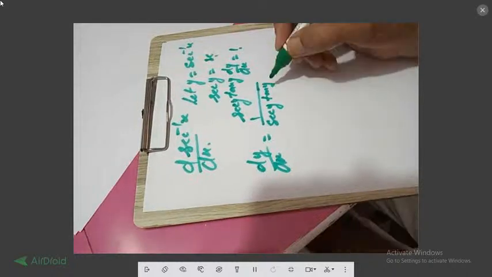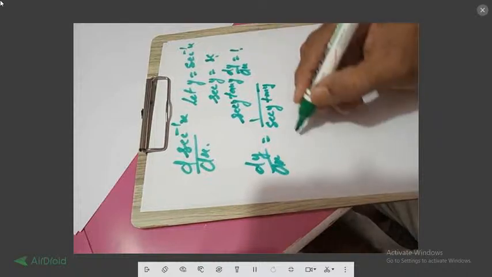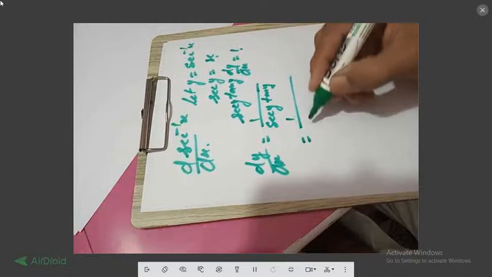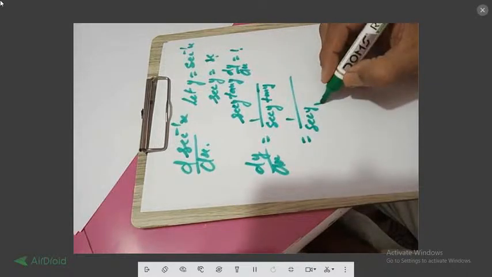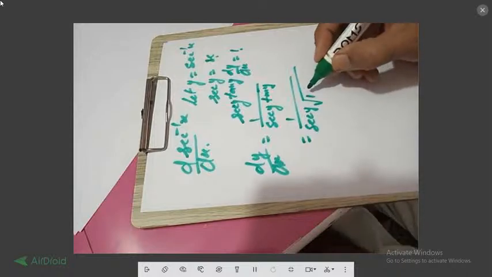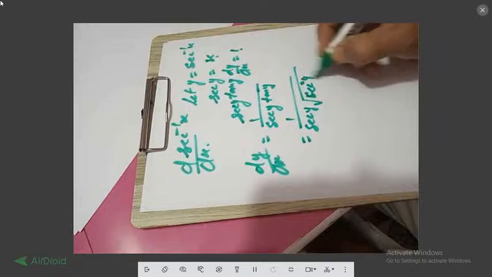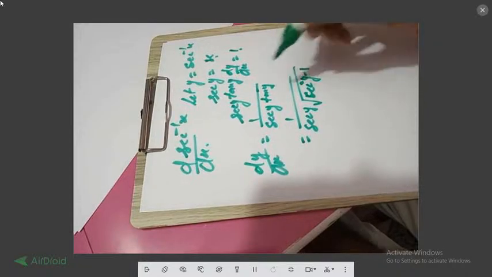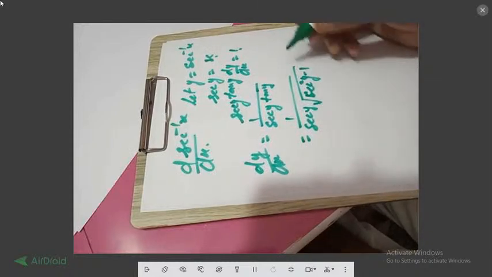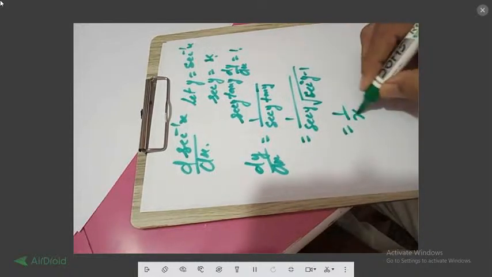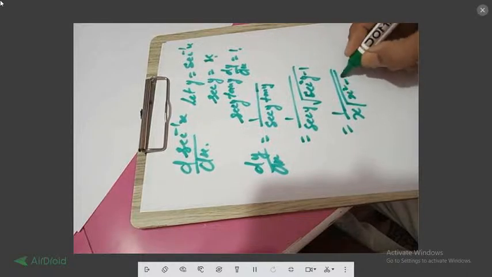Now change this tangent y into the secant form. We can write this as 1 upon secant y into 1 upon under root secant square y minus 1, since this is equal to tangent y. Then we can put the value of secant y. Then this becomes 1 oblique x under root x square minus 1.